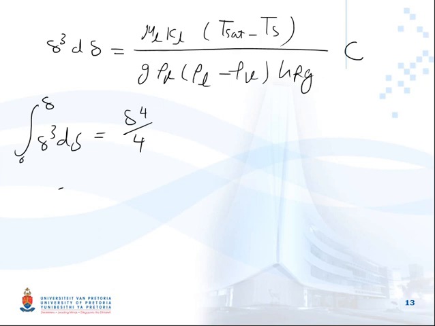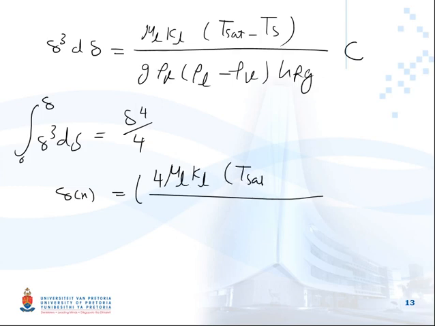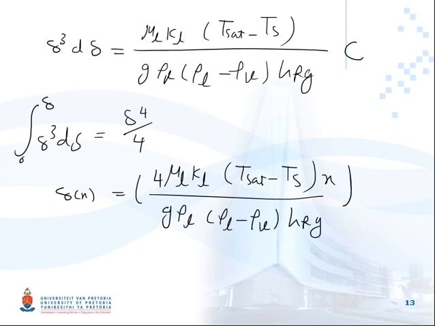So delta x is equal to 4 goes on top, so 4 mu L k_L T sat minus T_s multiplied by x over rho L minus rho V h_fg, to the power of 0.25.